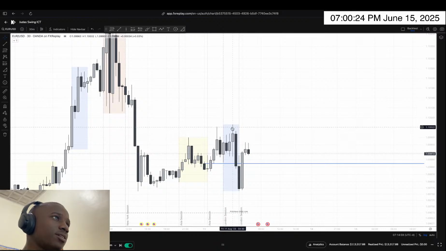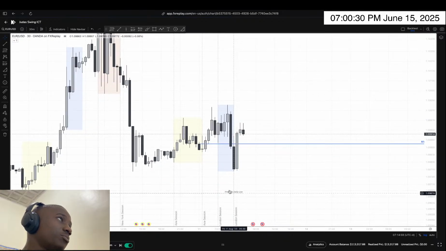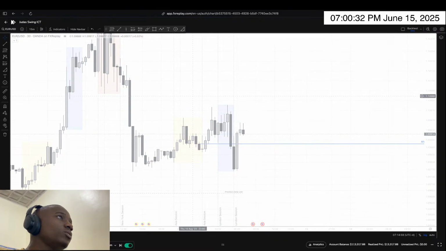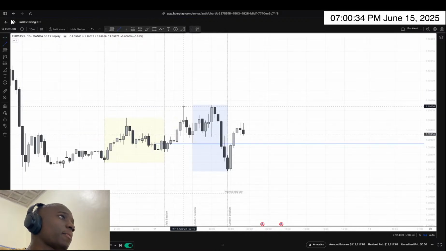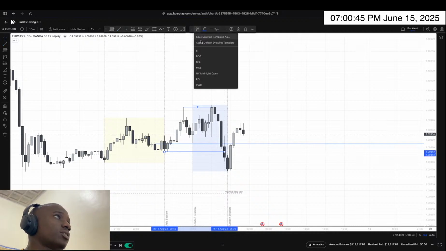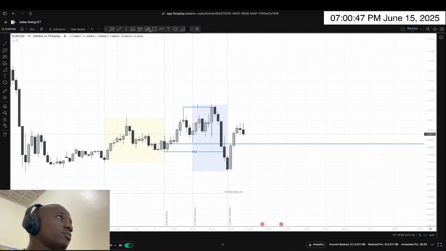We took out this high, dropped, shifted, retraced into a fair value gap, and our draw on liquidity would be this previous day low. So when I go on the 15 minute, I'd like to mark this first, this sweep. I've got my shift here, shifting structure, and I've got a good fair value gap resting in there.